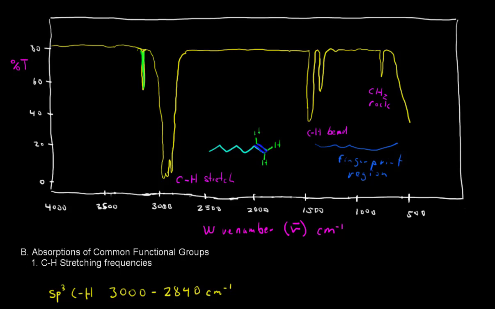We've got a peak right around 1642 that corresponds to the alkene stretch, the stretch of the carbon-carbon double bond, and there are a couple of other small peaks that we didn't see in our octane. But the main thing we're pointing out here is that we have a higher frequency CH stretch for the hydrogens bonded to the sp2 hybridized carbons.